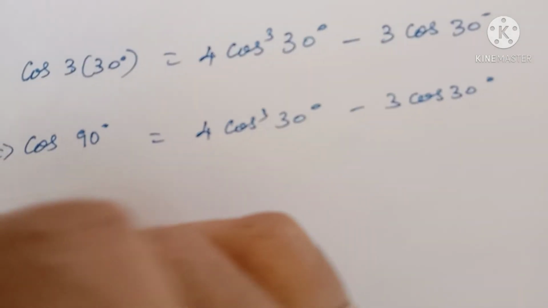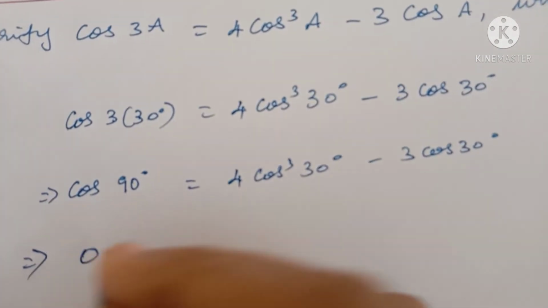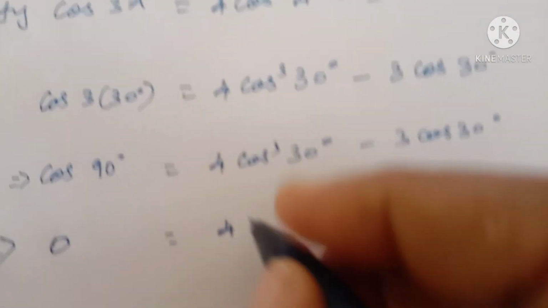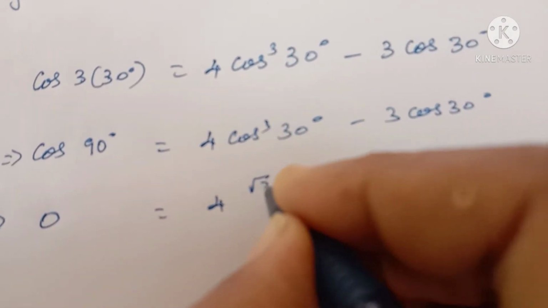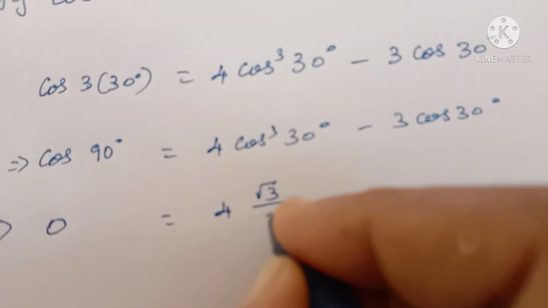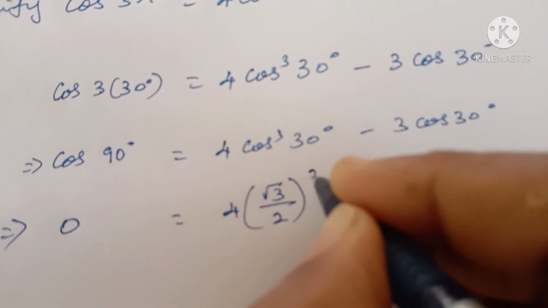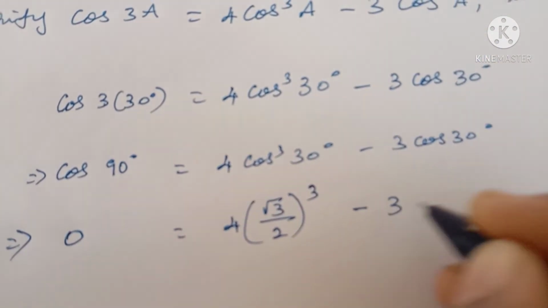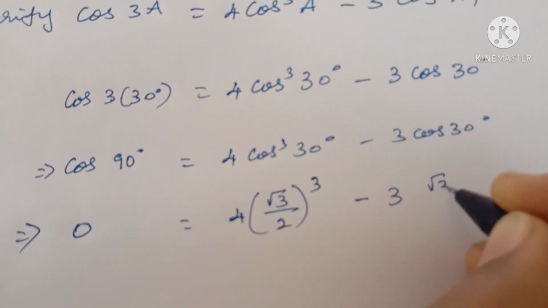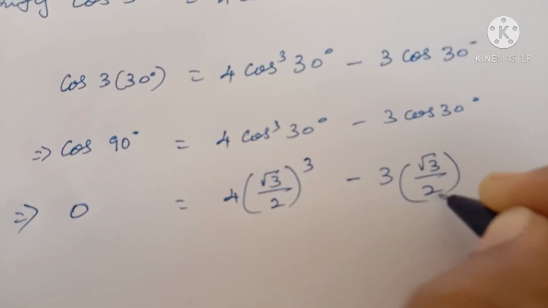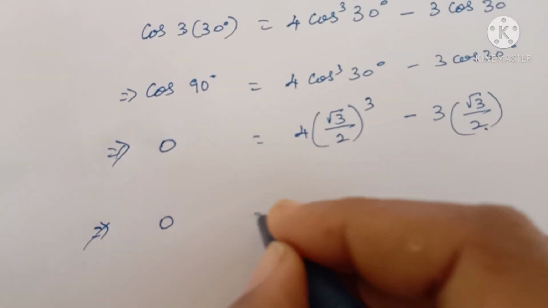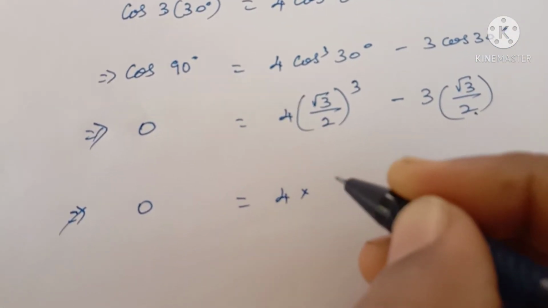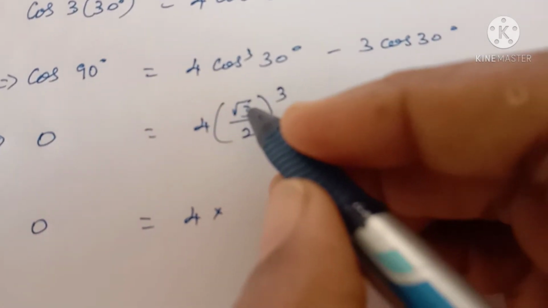Now cos 90 is 0, equal to 4 into cos 30 is root 3 by 2 the whole cube, minus 3 into cos 30 is root 3 by 2, which is equal to 0. 4 into root 3 into root 3 is 3.